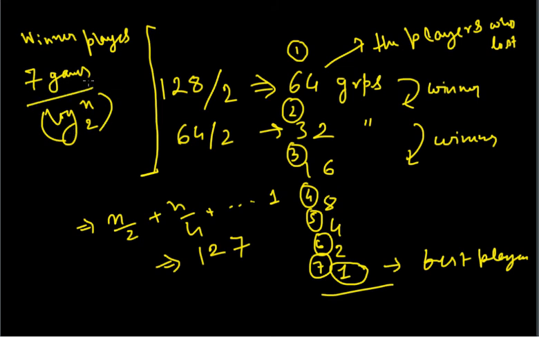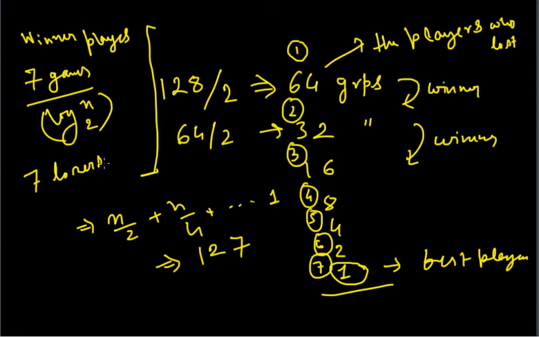Now for the second best player, all he has to do is beat all 7 losers, so all these 7 losers have to be played against.